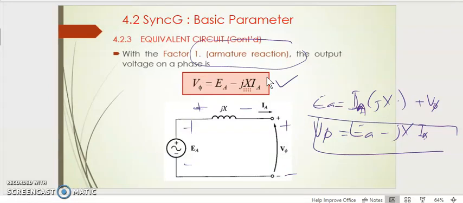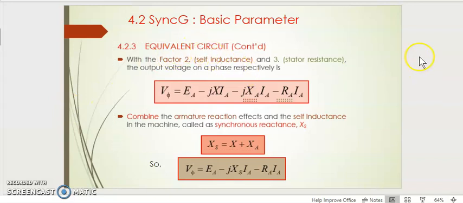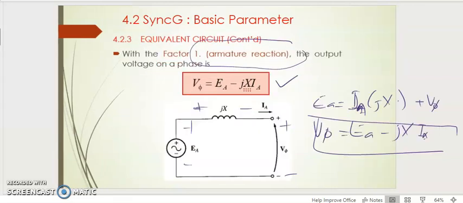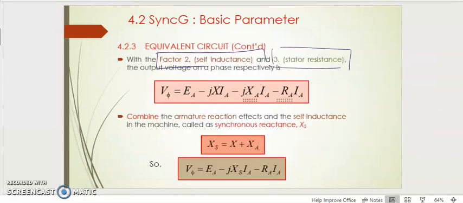So this is where we consider the armature reaction on the output voltage. Then if we consider the second factor, the self-inductance, and also the stator resistance, the output voltage on the phase, the V phase, is not going to be due to the JXA drop only, but it will include the other two factors.